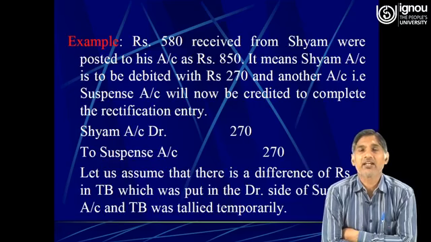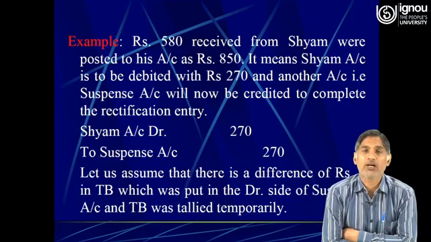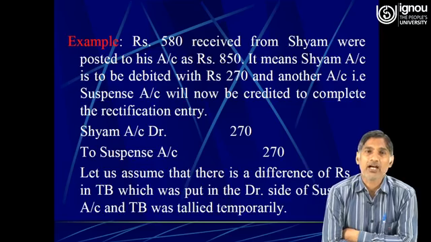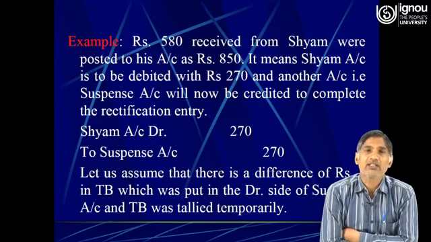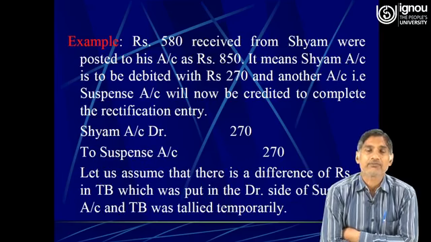So the right journal entry that must have been passed in case we receive the amount from Shyam: cash account debit to Shyam 580. But the Shyam account is to be debited here with rupees 270, and the other account, that is suspense account, will now be credited to complete the rectification entry.